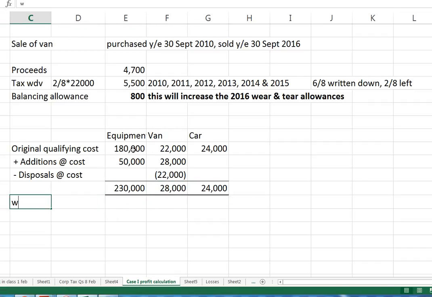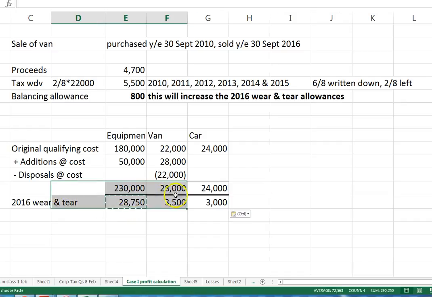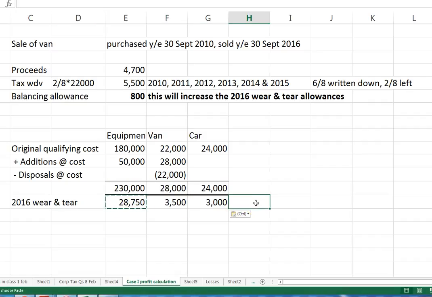The wear and tear then is an eighth. So 2016, that divided by 8, or 12.5%. So just whatever is in this row divided by 8 for a full year's wear and tear.